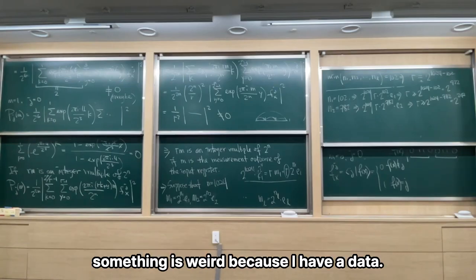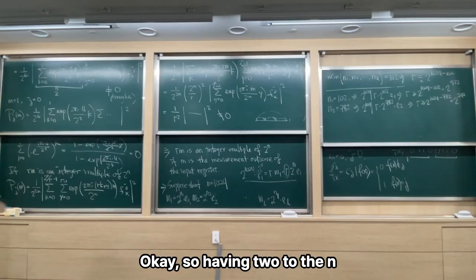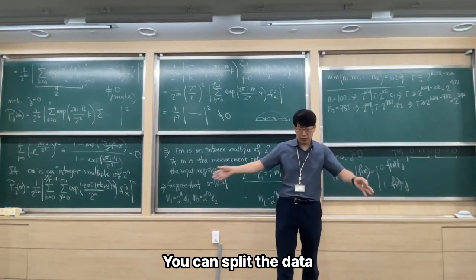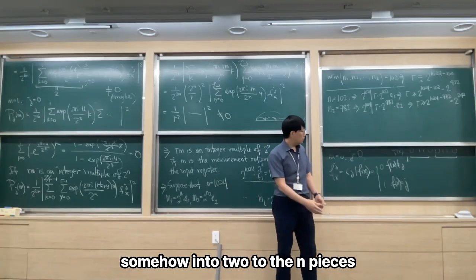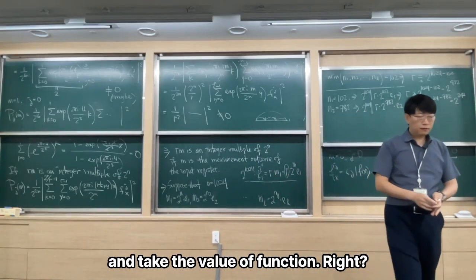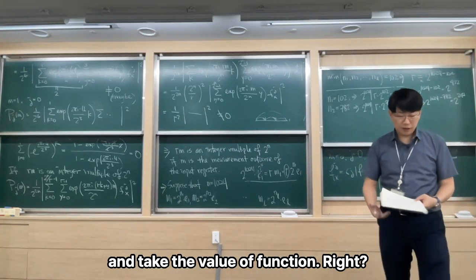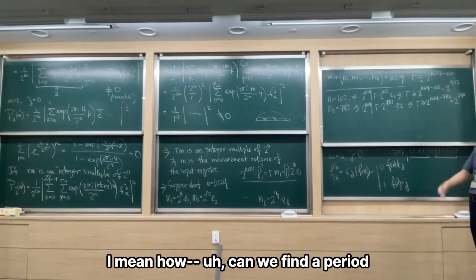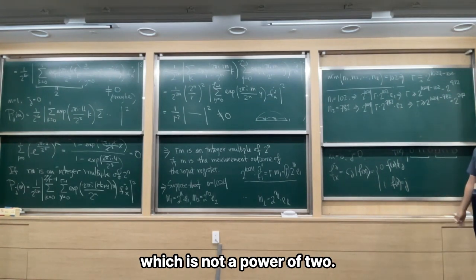So now something is weird because I have data. Having 2 to the n number of data is okay. You can split the data somehow into 2 to the n pieces and take the value of the function. But how can we find a period which is not a power of 2?